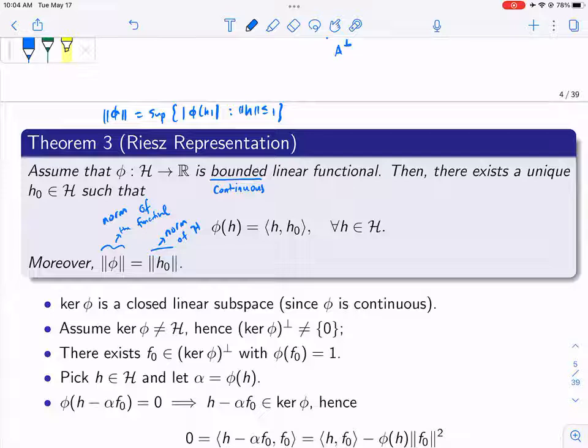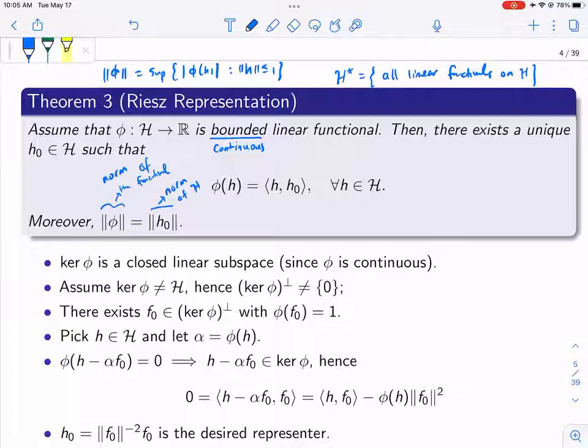So this dual space is the space of all linear functionals on H, and the Riesz representation theorem says that this dual space is basically isomorphic to H itself. So for every linear functional, there is a unique element in the Hilbert space that I can use. I can take the inner product of the elements in H with this, and this generates the linear functional. So this is rather trivial in the finite dimensional case, but it's not that trivial in the infinite dimensional case. Does that make sense?